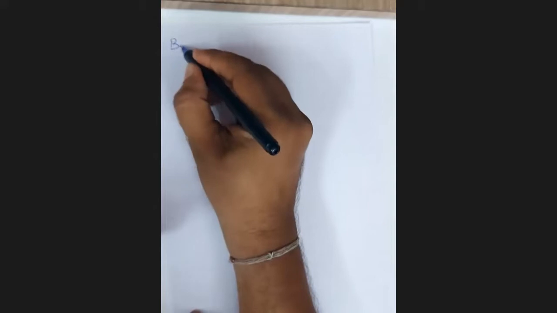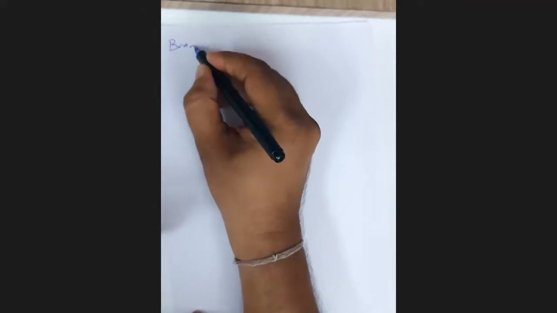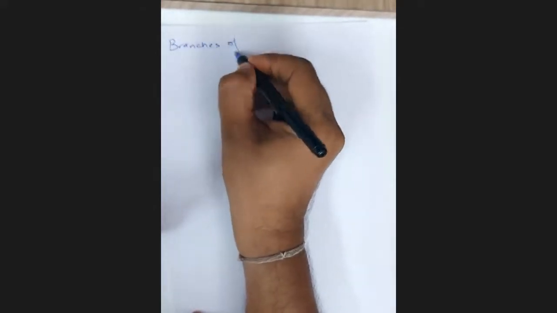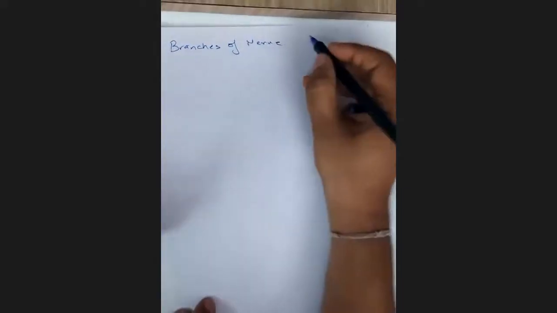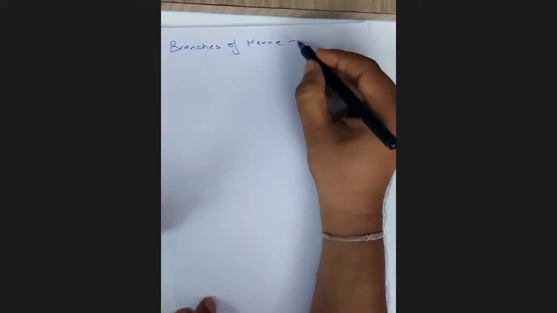So whenever we write branches of any nerve, the branches have to be described like we have MACD, that is McDonald's.